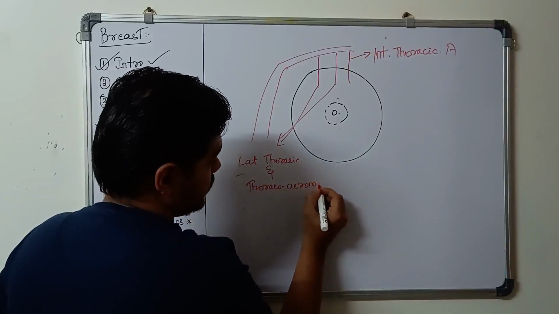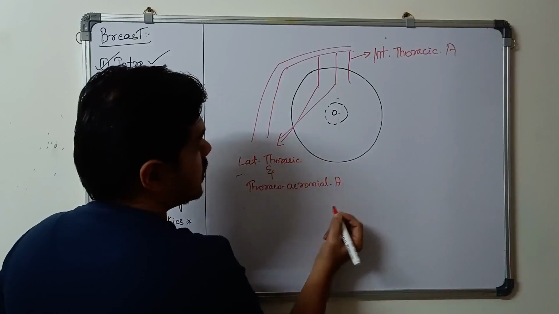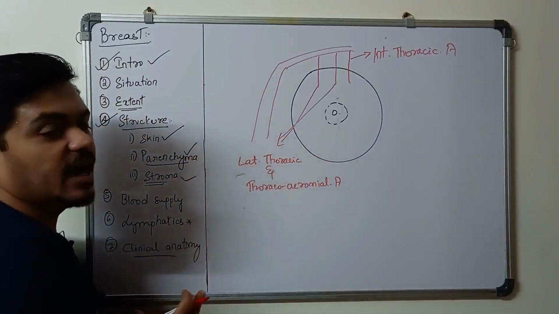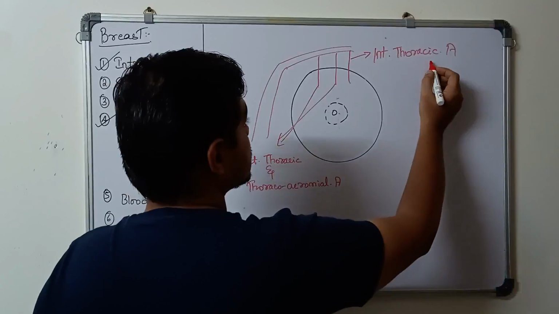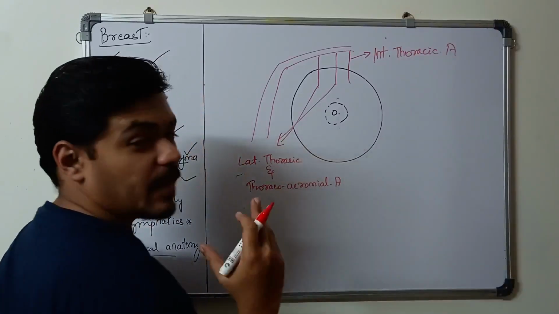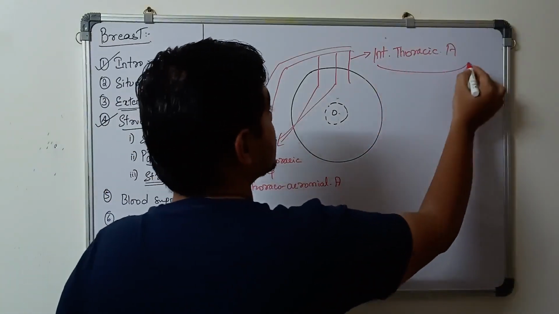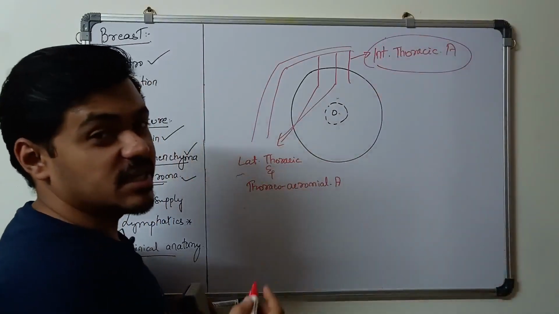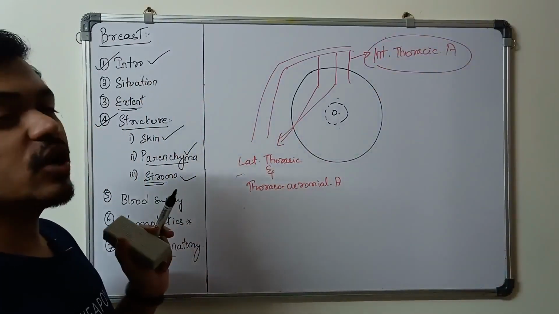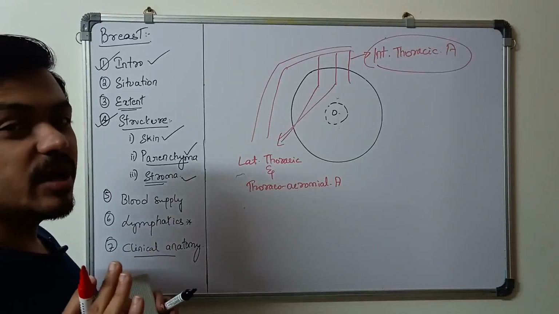These two are branches from the axillary artery, whereas the internal thoracic, also called internal mammary, is a branch of the subclavian artery. One important point about the internal thoracic or internal mammary artery is that this is one of the best suited conduits for coronary artery bypass surgeries.